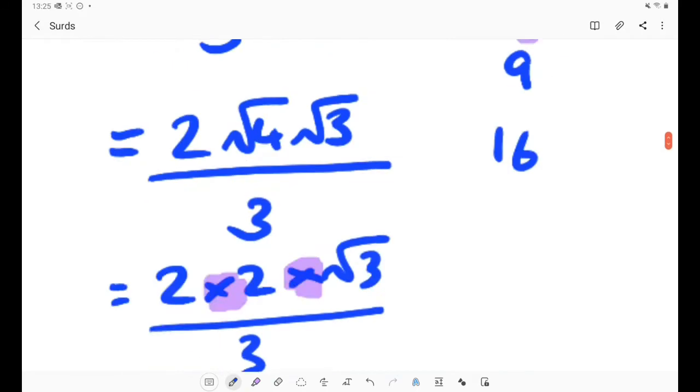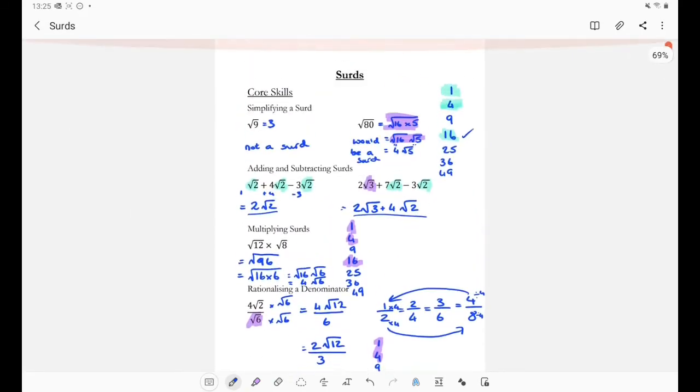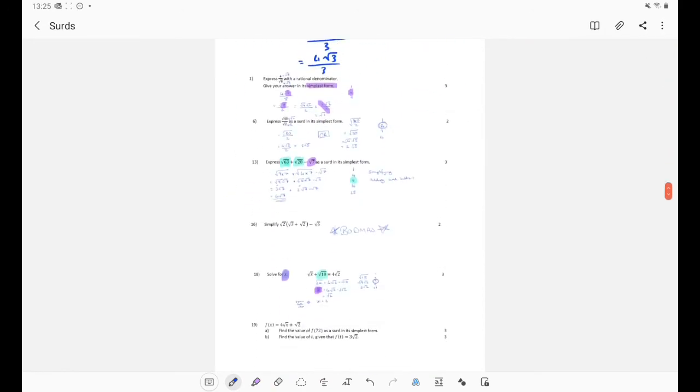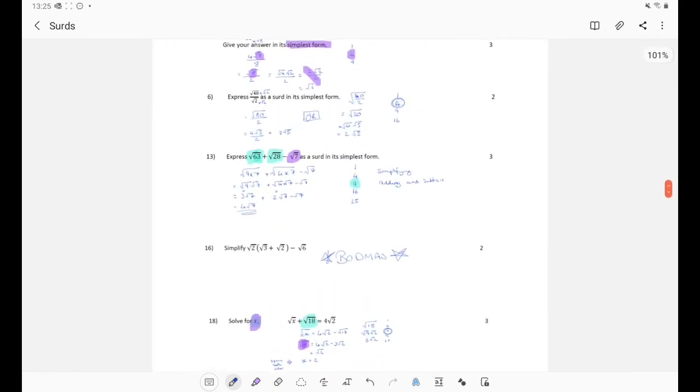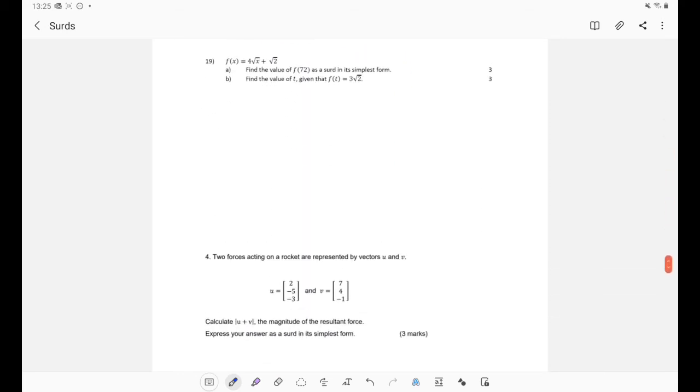As I said in the introduction to this call, we were going to be looking at your core skills. We were going to be having a look at common exam questions. And we're also going to be looking at where surds show up in other topics.